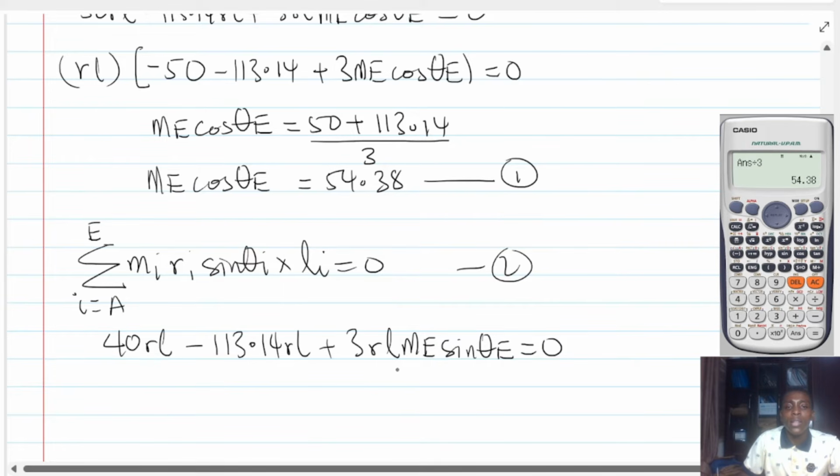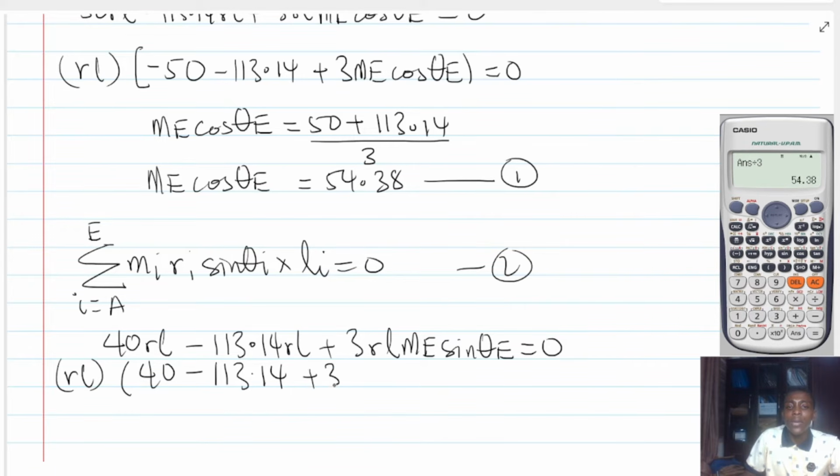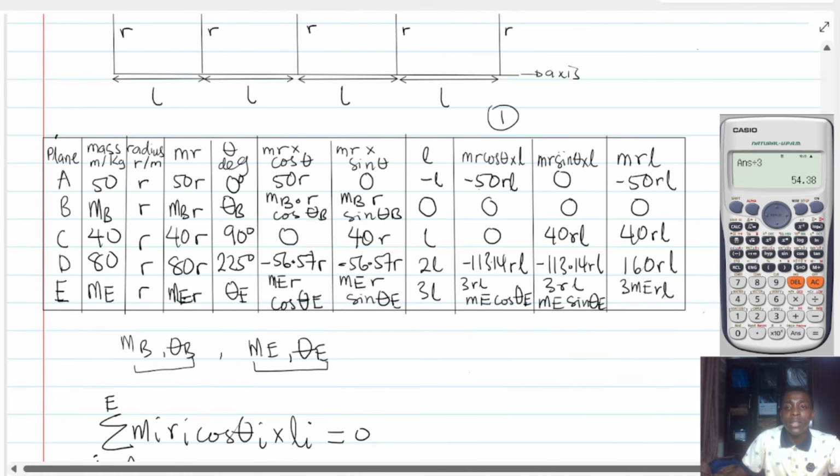All right. Now at this point, if I factorize RL out, I'm going to have plus 3 ME sin theta E should be 0. Is that right?